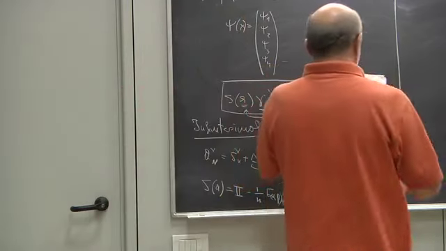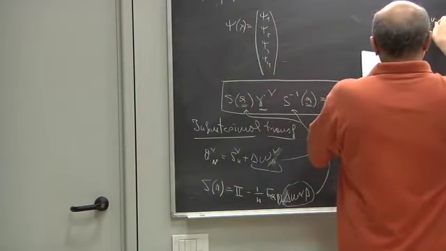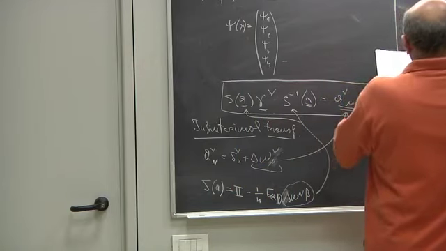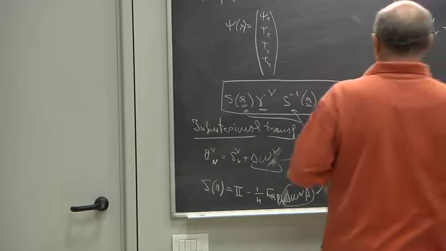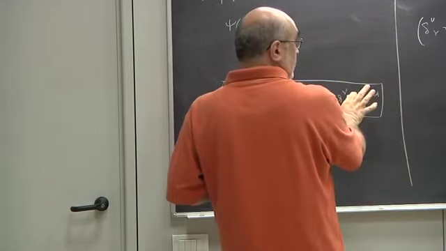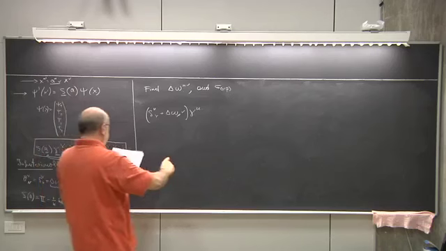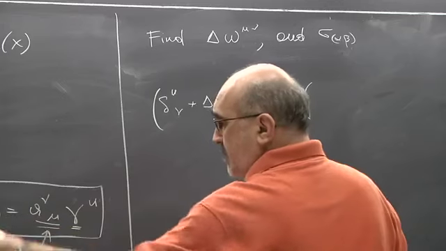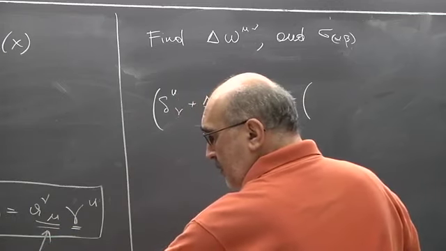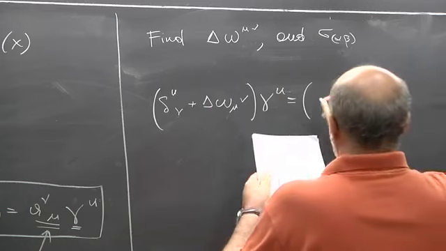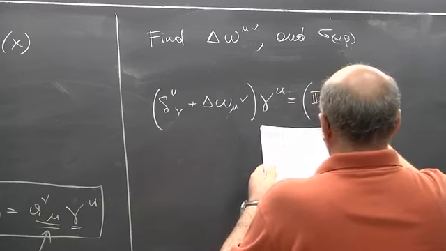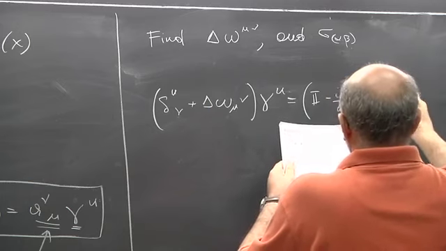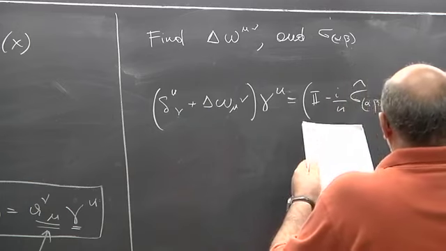So now on the left-hand side I will write delta mu nu plus delta omega mu nu gamma mu, that is this object. So I have written this on the left-hand side instead of the right-hand side. It is the same. Then I have to write this object, but this object has this form, 1 minus i/4 sigma alpha beta delta omega alpha beta.